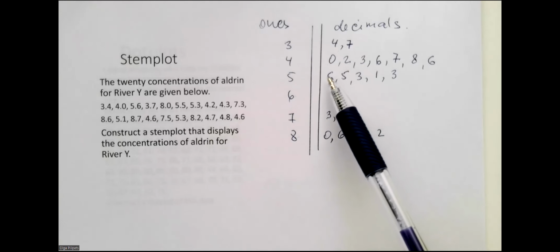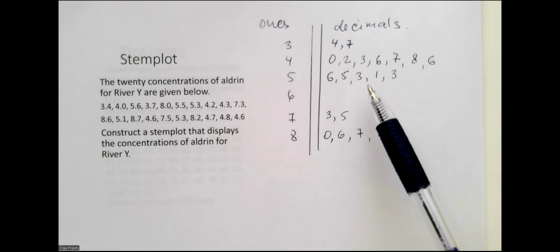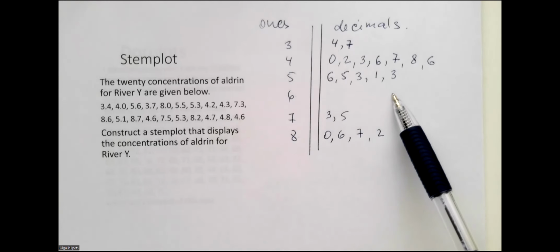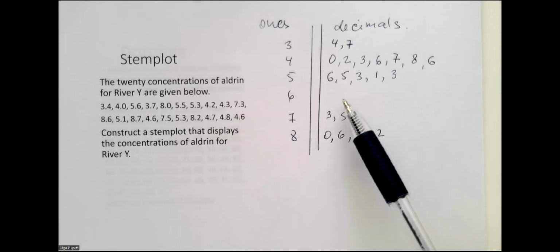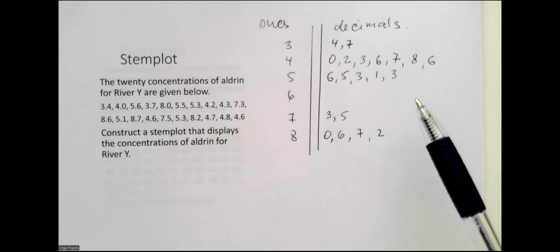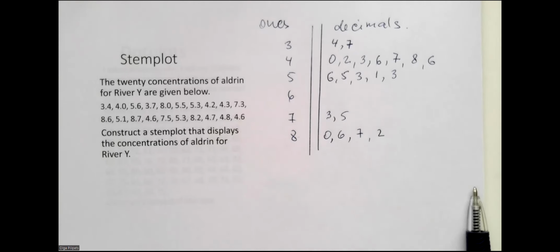For 5, we have possible leaves, actually 10: 0, 1, 2, 3, 4, 5, 6, 7, 8, 9. And we have the same amount of possible leaves for 6. So that's what I'm talking about. The number of possible leaves should be equal for each stem. That's how you break it up.